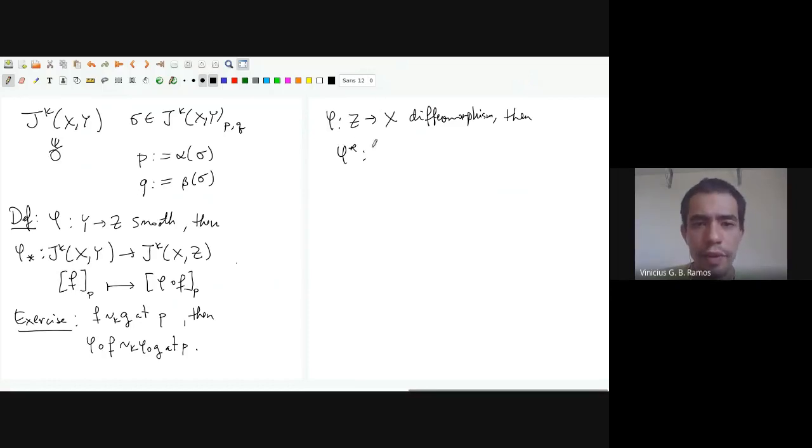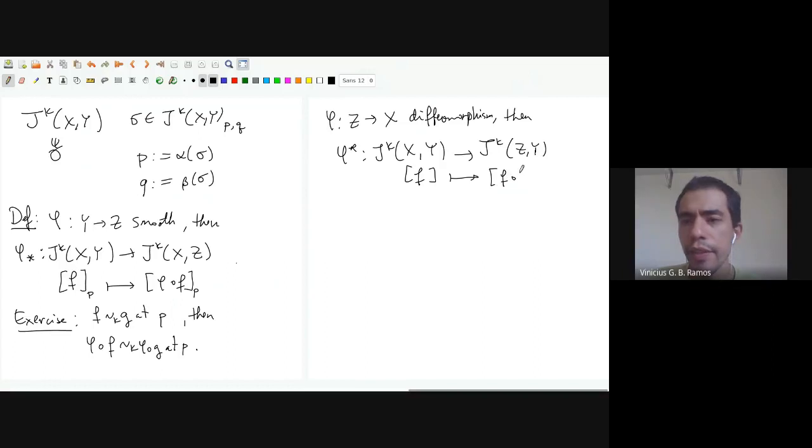If you have a jet from X to Y, to get a jet from Z to Y, you just compose this function with phi on the right. But if this jet was based at the point p, and p is not in the image of phi, then there is no way to pull it back to a jet from Z to Y. That's why you need this condition of being a diffeomorphism.